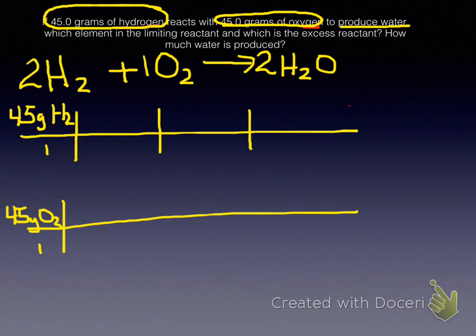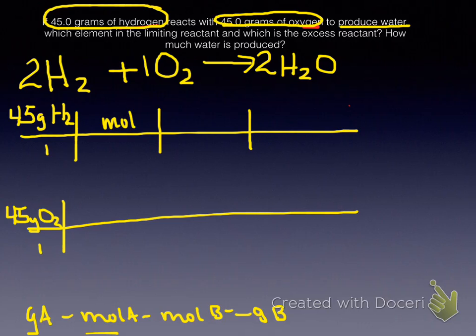So let's think about our mole map here real quick. We've got grams of A to moles of A to moles of B to grams of B. So look at our mole map. Grams of A here, next step, moles of A. So that's going to be moles of H2.